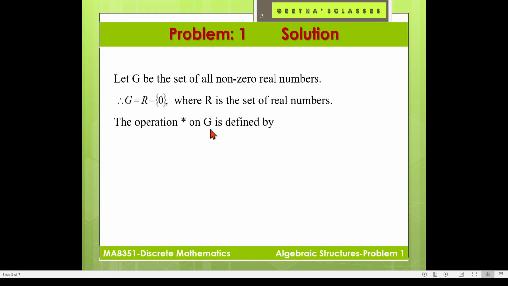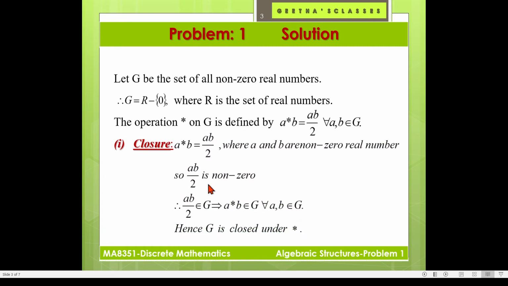The operation star on G is defined, as given in the question, by a star b equal to ab by 2 for all a, b belonging to G. Let us check the first condition, closure property. The given definition is a star b equal to ab by 2, where a and b are non-zero real numbers.